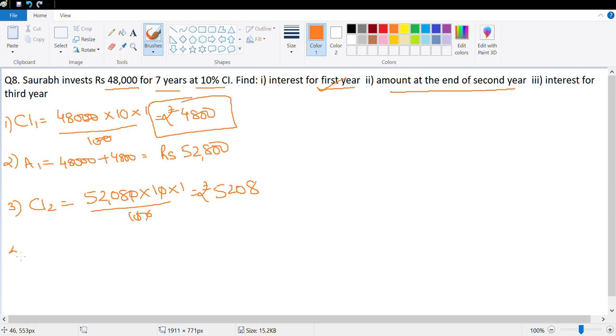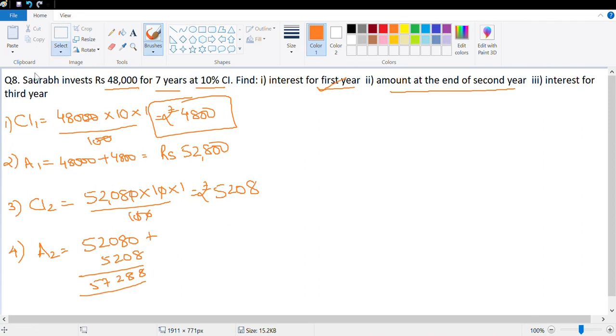Now they want amount, which means amount at the end of second year will be 52080 plus 5208. Let me check. Why 52080? 52800.